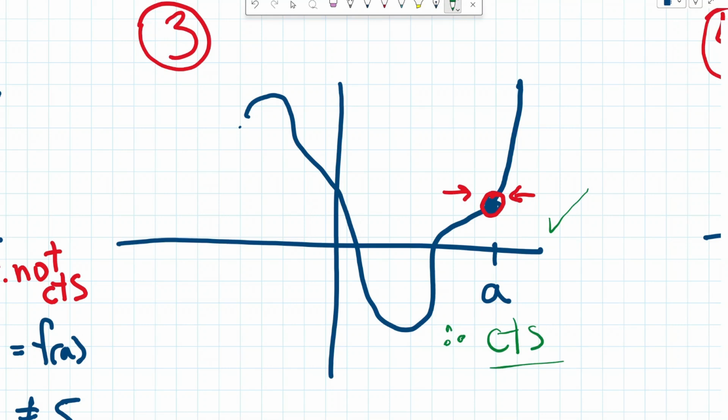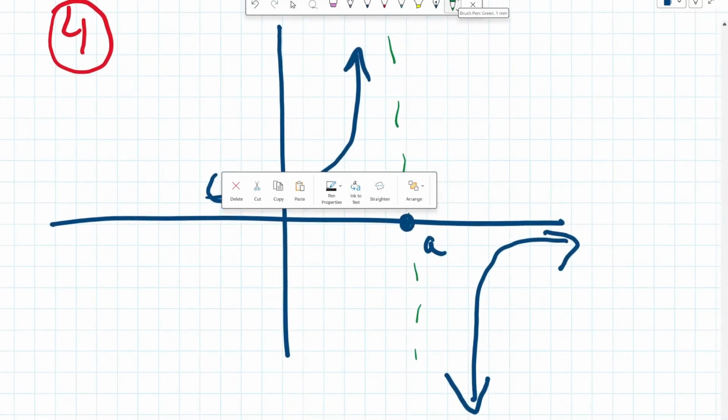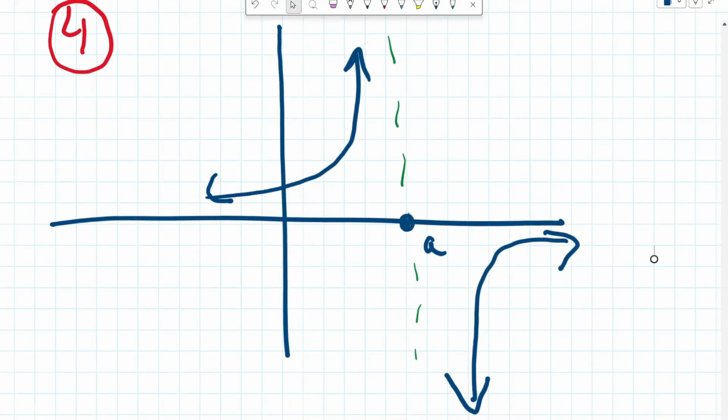That's awesome. And now let's look at our final example over here. So this looks like some sort of rational function that we're dealing with. First of all, let's go through criteria number one. Does f of a exist? So we're looking for f of a. Well, we can see that a exists on the asymptote of this function. And we know that asymptotes are lines in which our function does not exist.